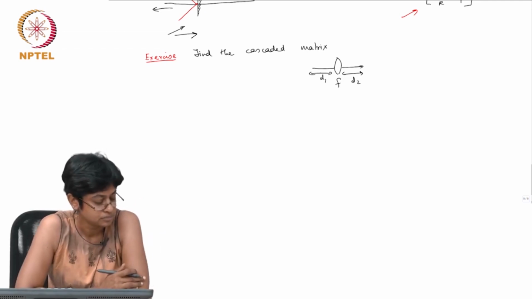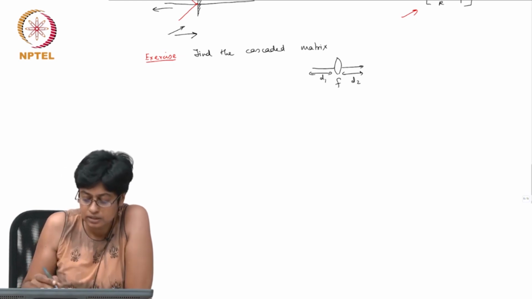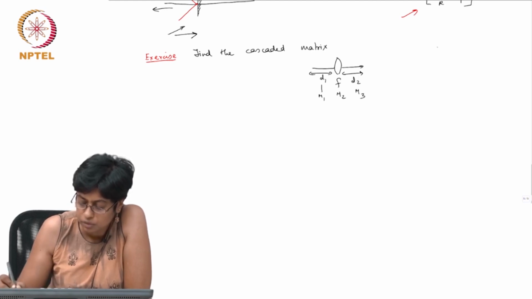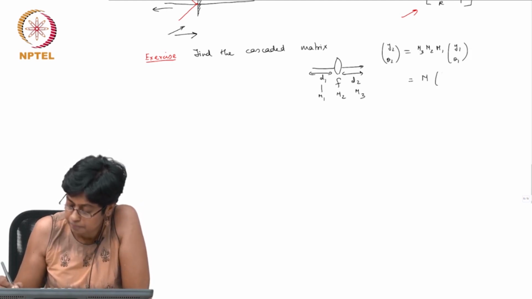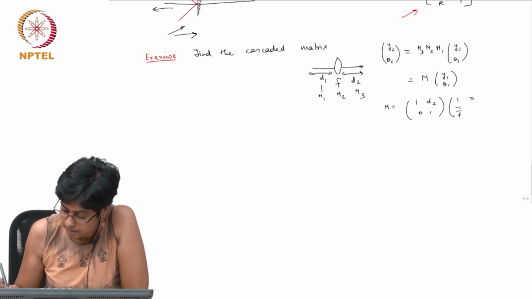So, quickly do that matrix multiplication for me, keeping in mind that if this is associated with matrix M1, this with M2 and this with M3, you are going to have to do it in this order. So, I am basically asking you to find out M, where M is [1 d2; 0 1] [1 0; -1/f 1] [1 d1; 0 1].